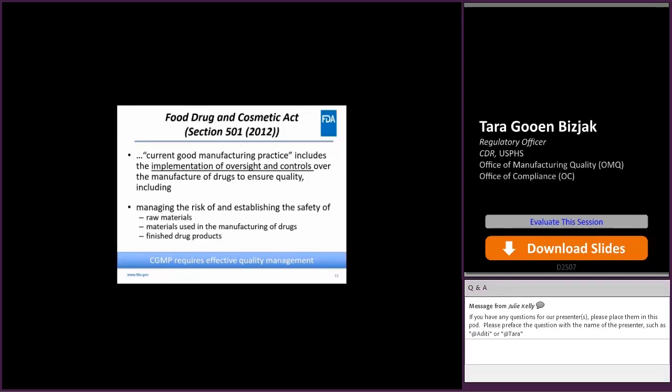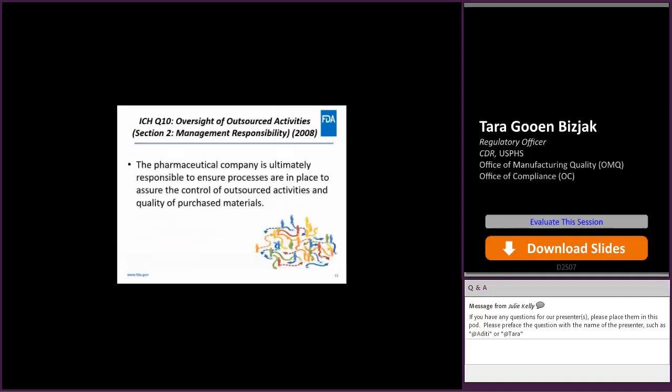So in essence, CGMP requires effective quality management and effective oversight, and that in my mind includes the selection of suppliers and contract manufacturers and how you work with them as well. That is all part of CGMP. It's not something that can be contracted away.